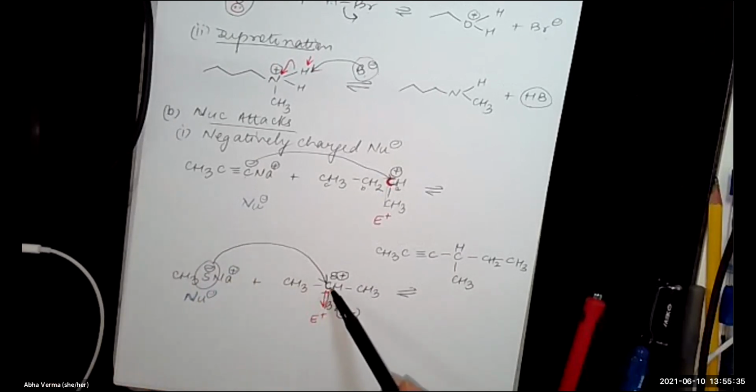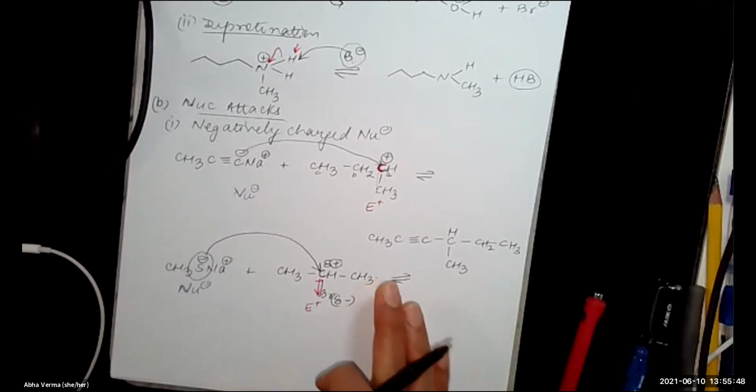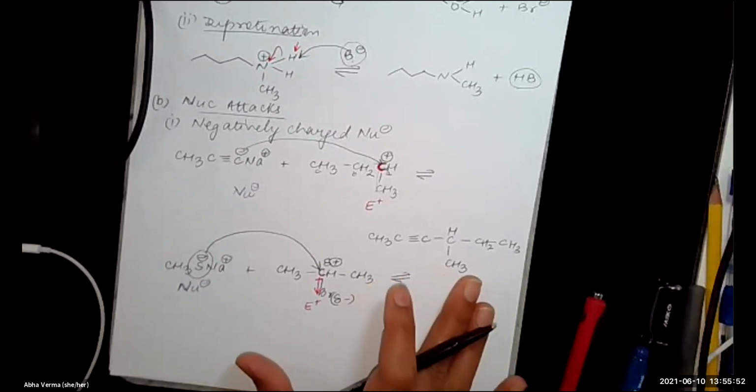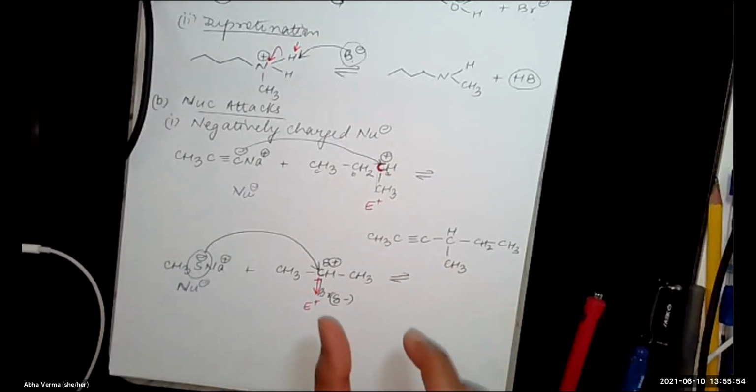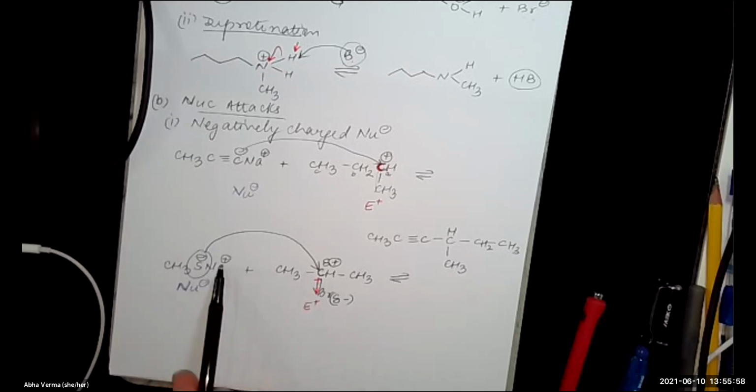Now remember, carbon cannot accommodate 5 bonds. This carbon already has its 4 bonds. And so if you remember resonance, during resonance, I had told you that you cannot break a single bond. But this is the time that I'm telling you, because 2 different molecules are involved.